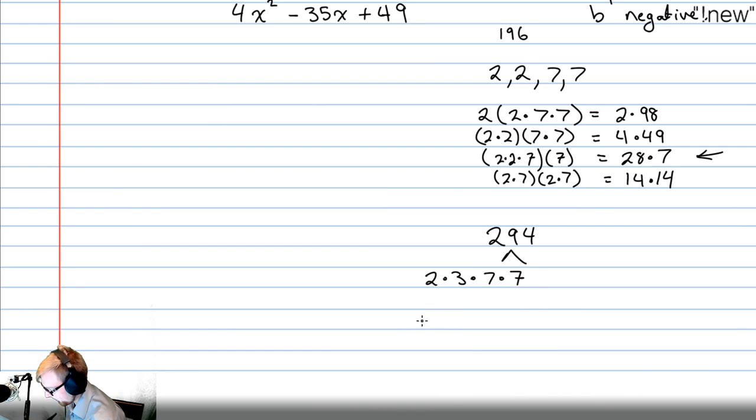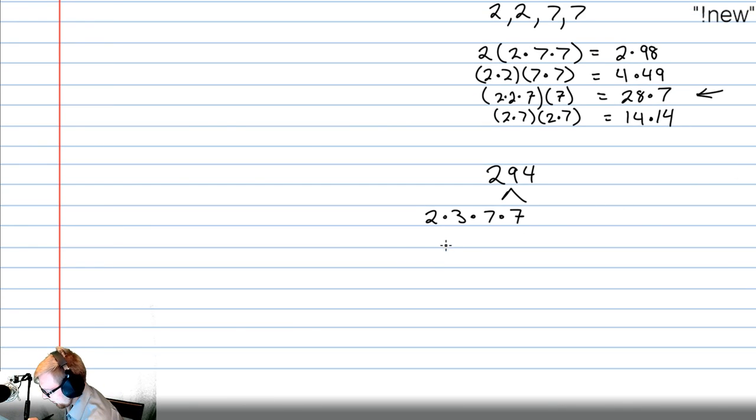Okay, so there are 3 numbers here that are different. So you're going to have a few extra combinations, right? You're going to have like 2 times 7 and then 3 times 7, plus all your regular ones, right?